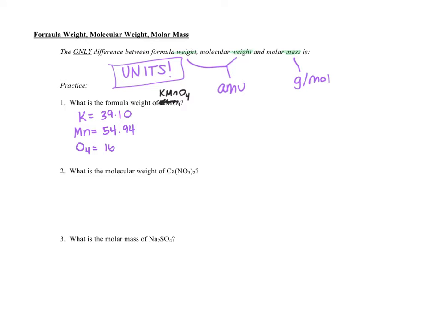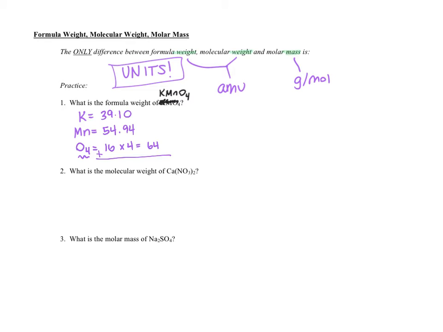What's important though is this oxygen has a subscript of 4. That means there are 4 oxygens there, which means you have to multiply the 16 by 4 in order to show that there are 4 of them. Each oxygen has a mass of 16. So when there are 4 of them, you have to multiply by the subscript.